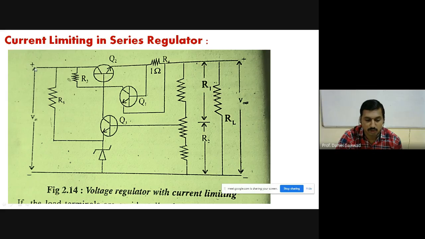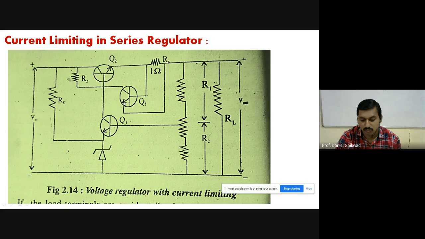So check carefully, positive terminal and negative. We have input voltage from the unregulated power supply. Then we have R5, connected to the Zener diode. Then R3 is connected to the base of Q2 as well as the collector of Q1.